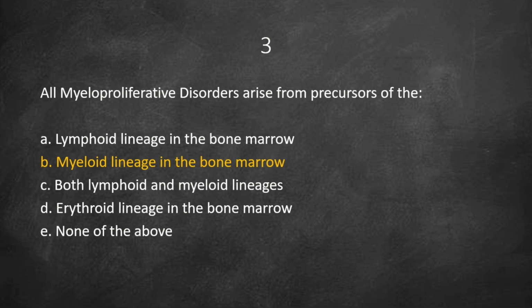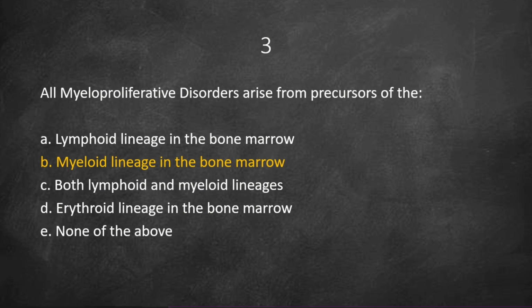Myeloproliferative disorders are a group of blood cancers that are usually characterized by the overproduction of blood cells. So you see elevated levels of RBCs, WBCs and platelets, but the lymphocytes are not elevated, just to quickly add.